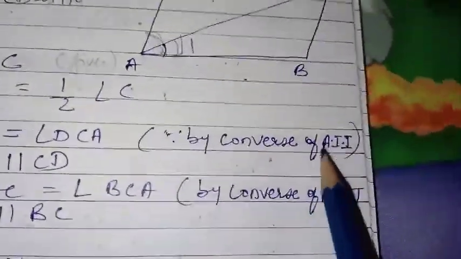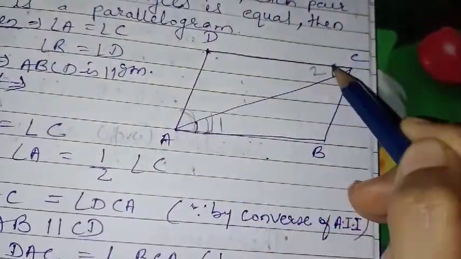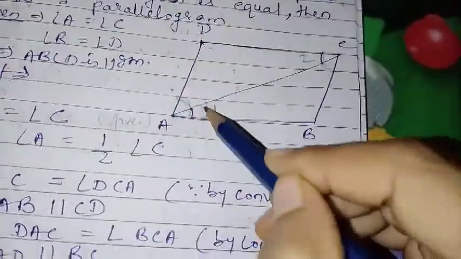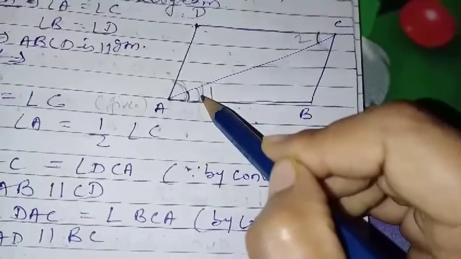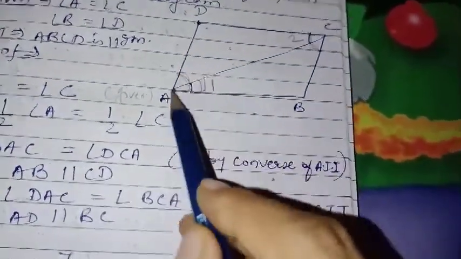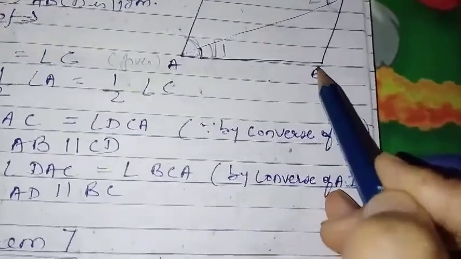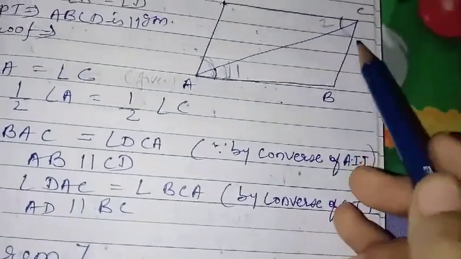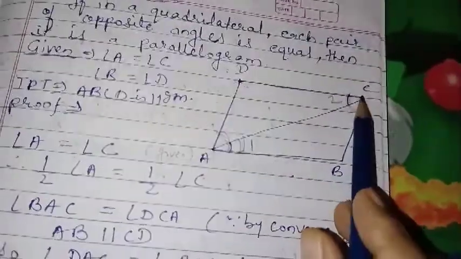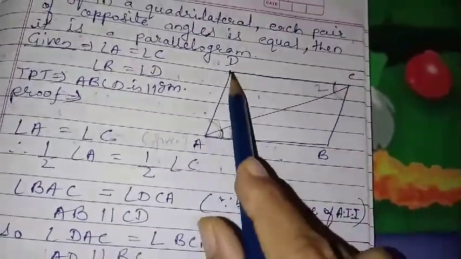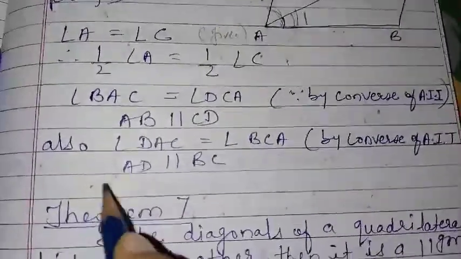So by converse of alternate interior theorem, since the alternate interior angles are equal, the line has to be parallel. Hence AD is parallel to BC, right? So similarly you can prove AB parallel to CD and hence ABCD is a parallelogram.